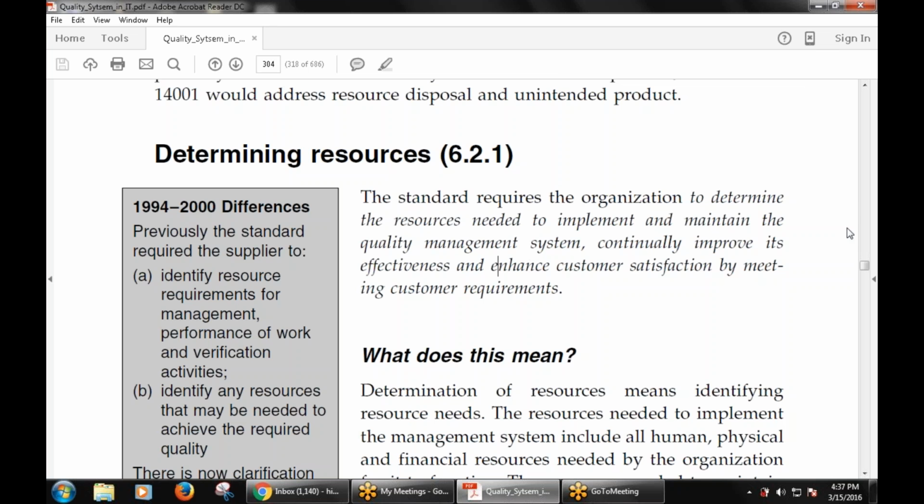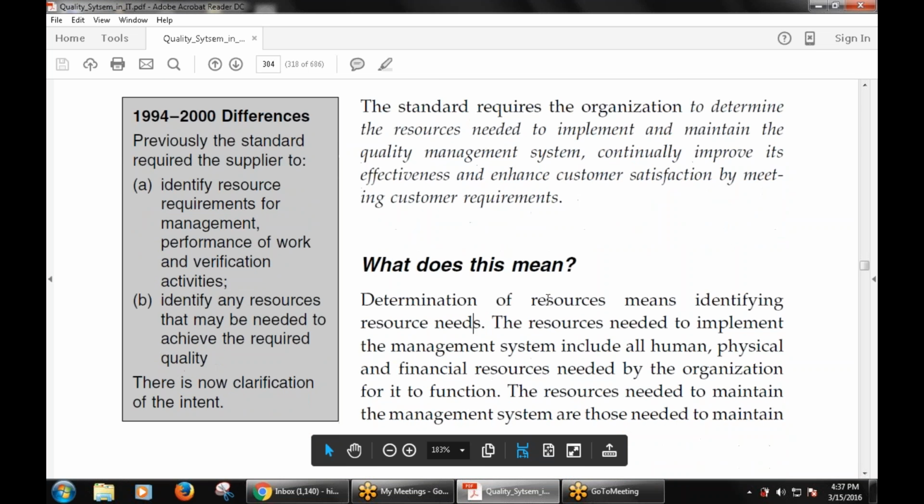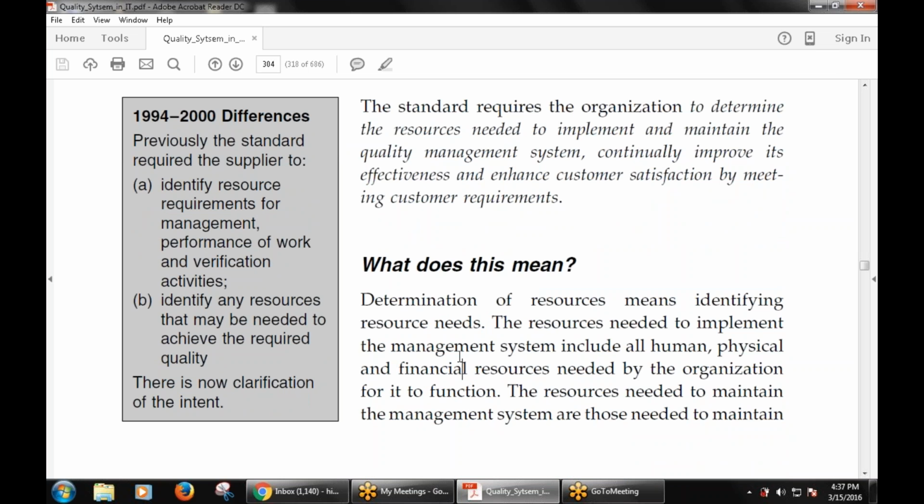And what does this mean? What is the meaning of determining the resources? Determination of resources means identifying the resource needs. The resources needed to implement the management system include all human, physical, and financial resources needed by the organization for it to function.